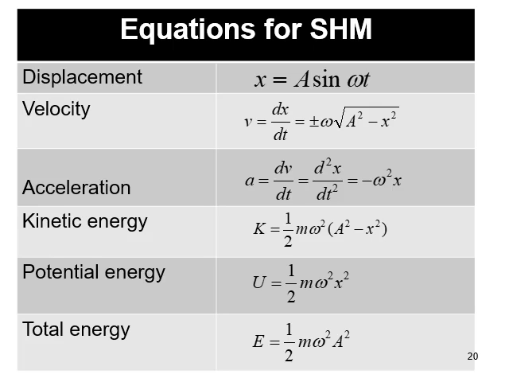These are the list of equations for simple harmonic motion: displacement x, velocity v, acceleration a, kinetic energy K, potential energy U, and total energy E.